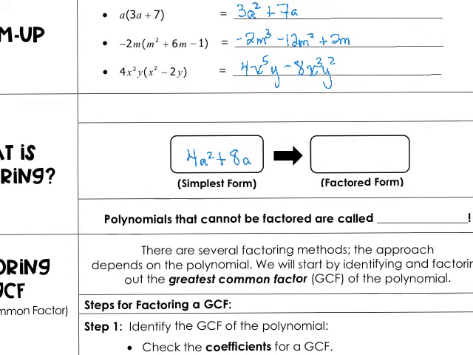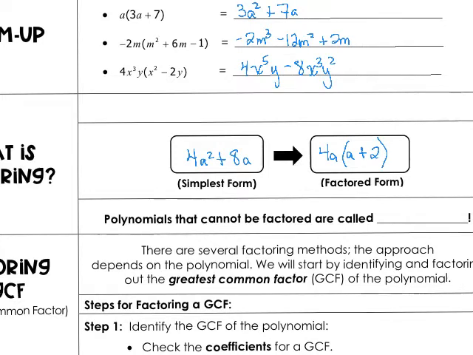First, if I look at the coefficients, I can factor out a 4. And that leaves me with 1a squared and 2a. But not only can I pull out the 4, I can pull out an a. They have that in common as well. And so that leaves me with a plus 2. Okay, that's the factored form.